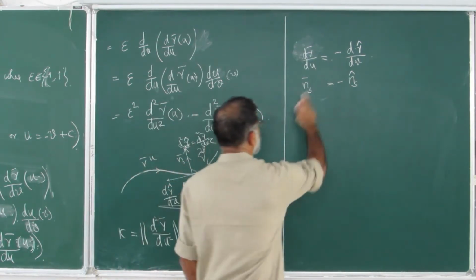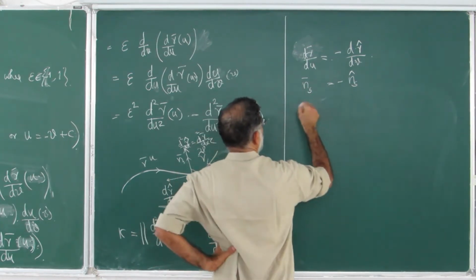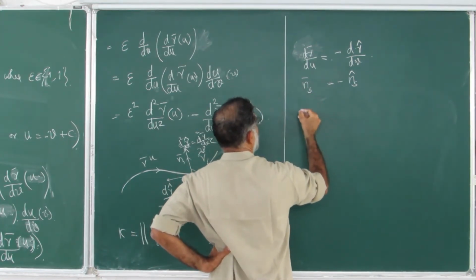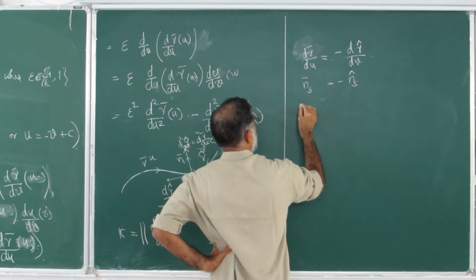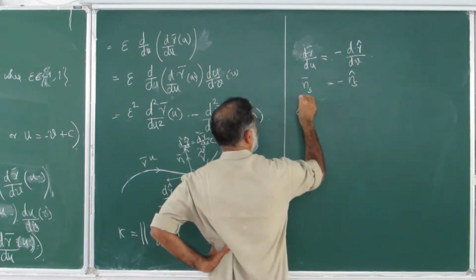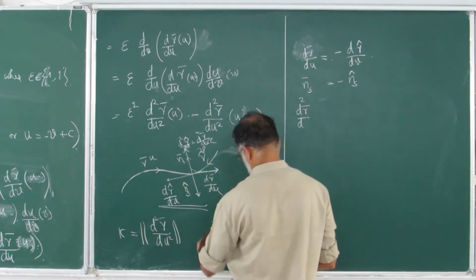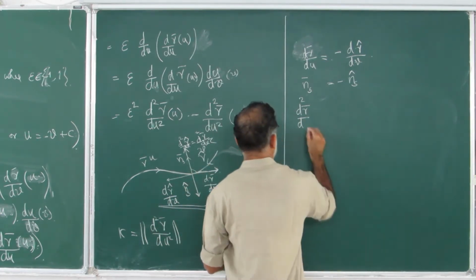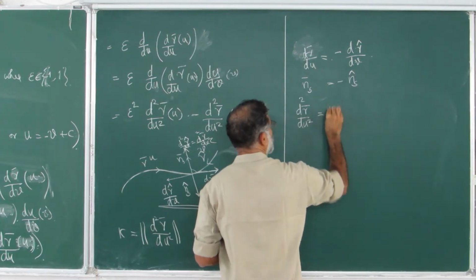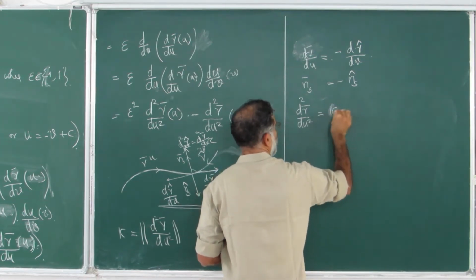Okay? So now let us look at the signed curvature. The signed curvature is given by, you take d square gamma bar by du square, and this is going to be ks bar ns bar.